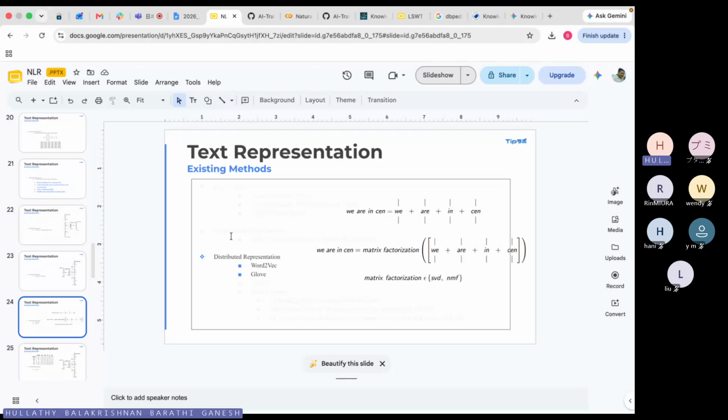Shall we proceed to the hands-on? Shall we practice some examples? Yes, please go on. Yeah, thank you.